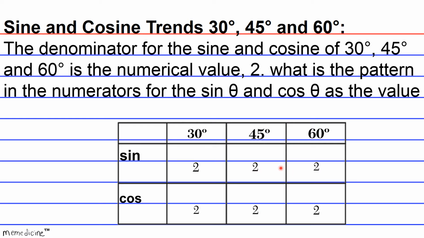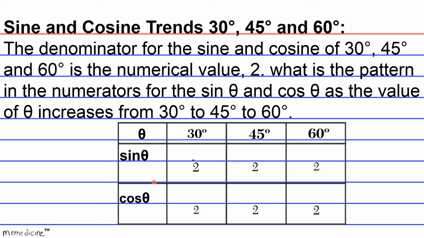What is the pattern in the numerator for the sine of theta and cosine of theta as the value of theta increases from 30 degrees to 45 degrees to 60 degrees? I'll give you a moment to think. And definitely press pause if you need to.